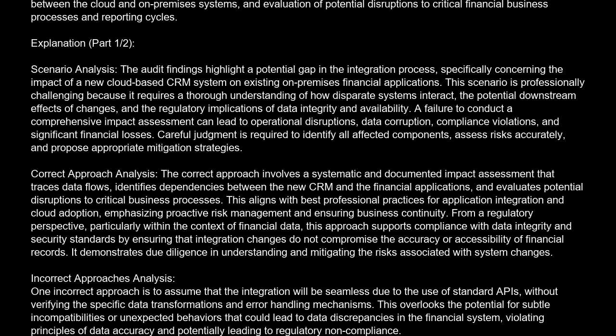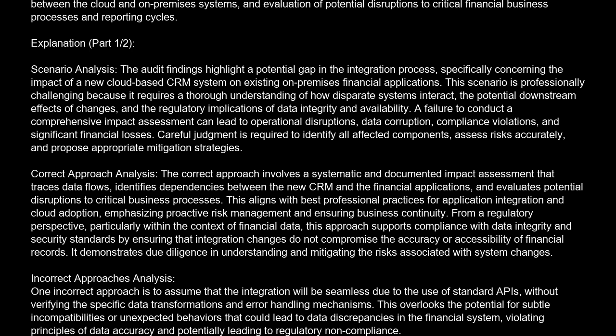A failure to conduct a comprehensive impact assessment can lead to operational disruptions, data corruption, compliance violations, and significant financial losses. Careful judgment is required to identify all affected components, assess risks accurately, and propose appropriate mitigation strategies.